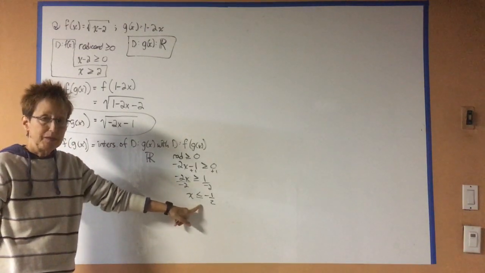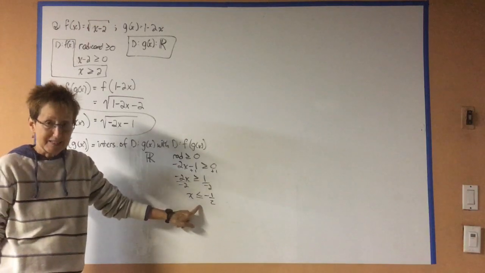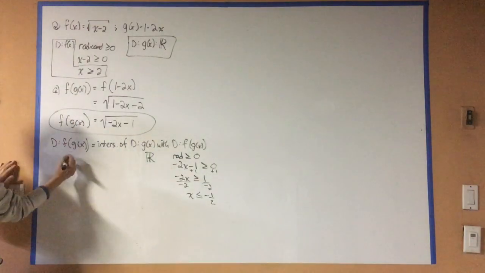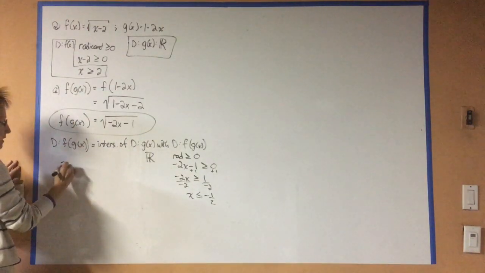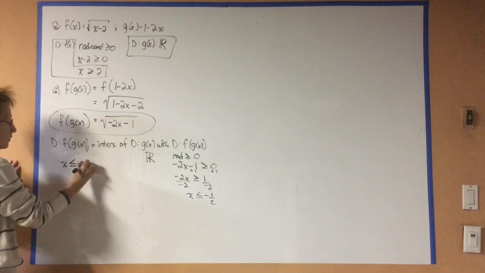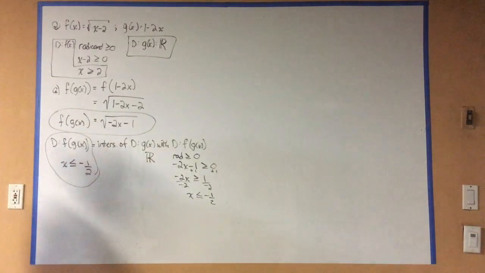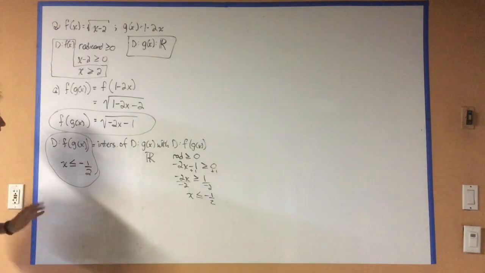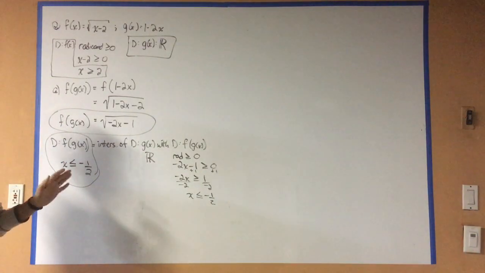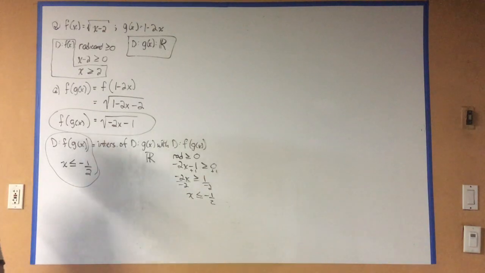So what do they have in common? x has to be less than or equal to negative 1/2. So my domain of f of g of x is going to be x less than or equal to negative 1/2. That's what needs to happen here. Or I could say negative infinity, comma, negative 1/2 bracket, if I wanted to do it in interval notation.